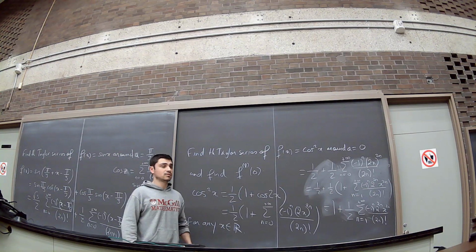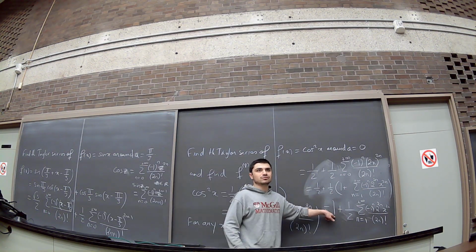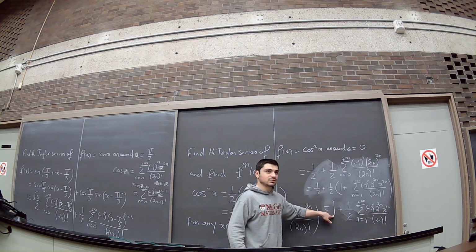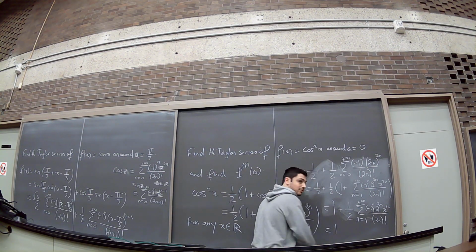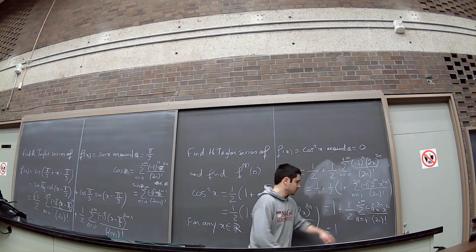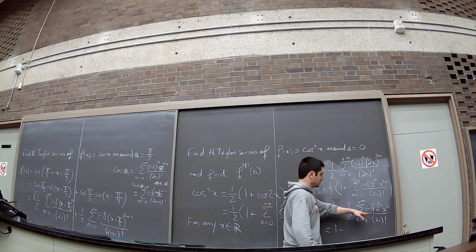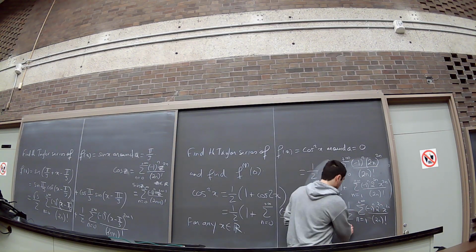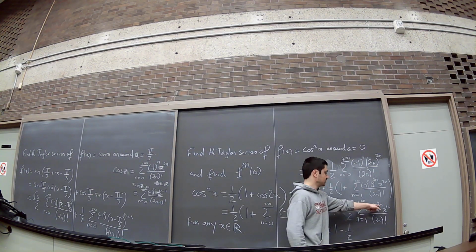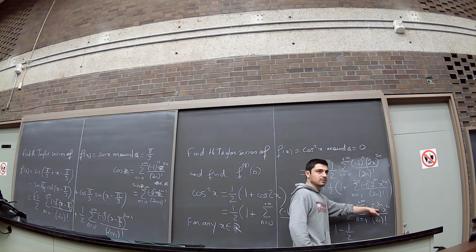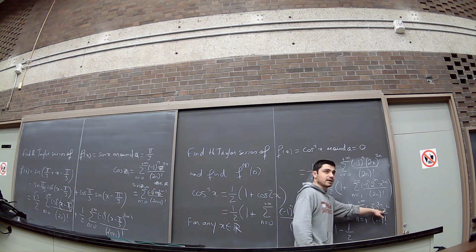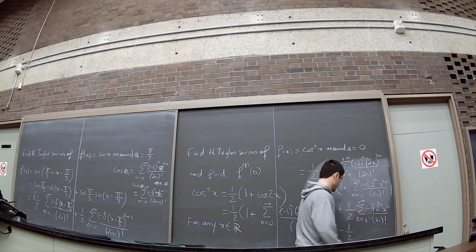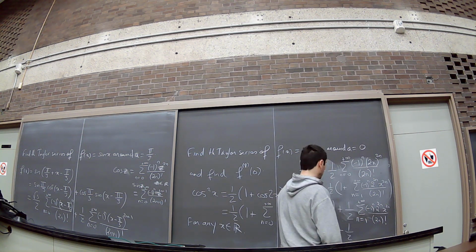I just want to regroup the first terms, right? So, write this down. You get 1, then minus 1/2 times, what do you get here? 2 over 2 factorial goes to x squared. No, there's something wrong.